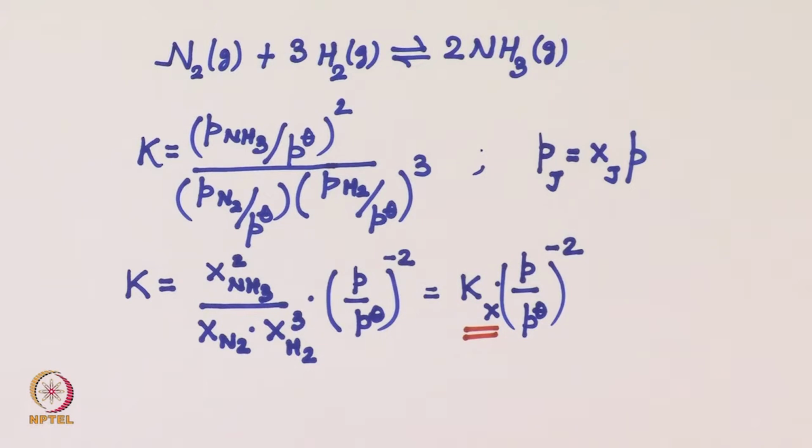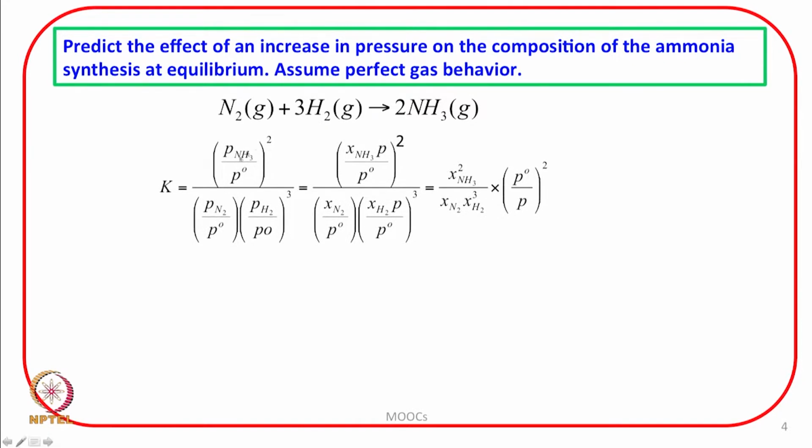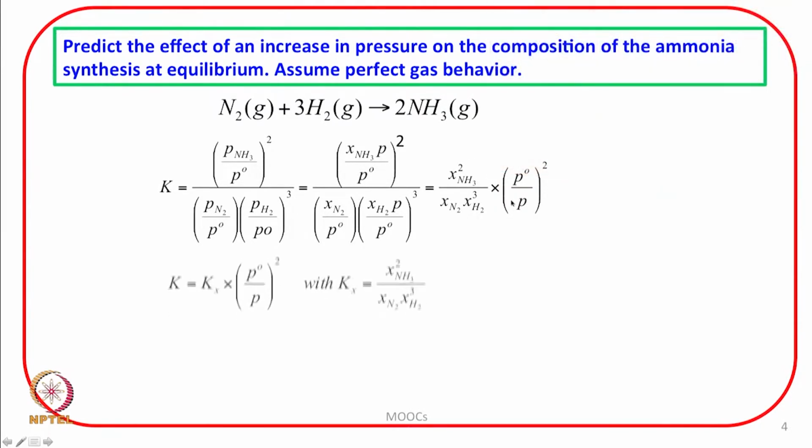Now, let us go to the slides. We took an example of this formation of ammonia from nitrogen and hydrogen, and we expressed equilibrium constant in terms of the ratio of the partial pressures converted into the product of mole fraction and the total pressure, and eventually came up with an expression that K is equal to Kx into P naught by P raised to the power 2.